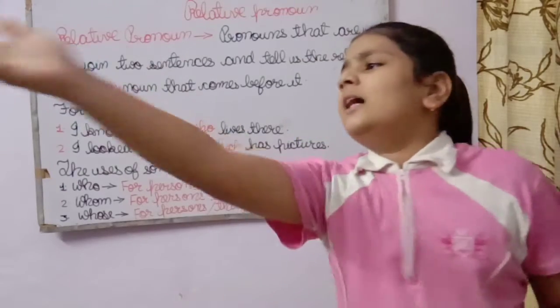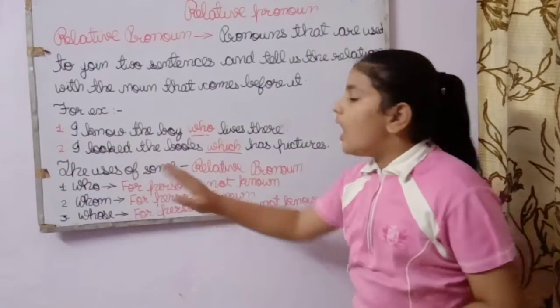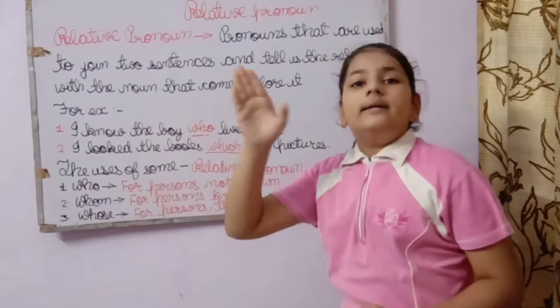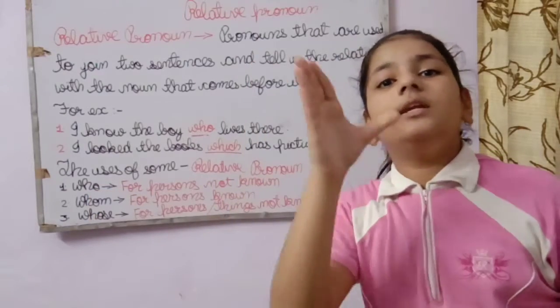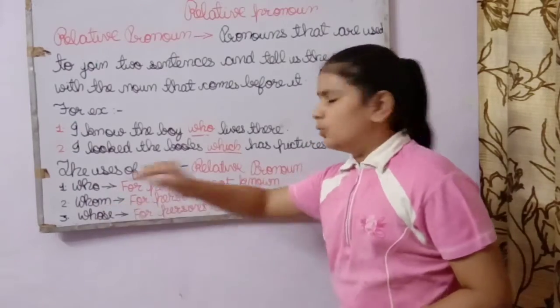We know that they are the persons. For persons we don't know, we will use who, and for persons we know, we will use whom.